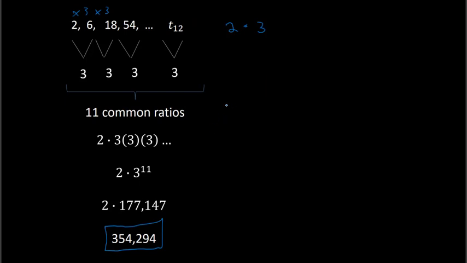Now, to derive an equation from this, we can look at what we had right here. So right here, we had 2, which was our first term. That was T1. And then 3 was our common ratio, which is the number I'm multiplying over and over again, which, by the way, is a term to know. The number you're multiplying by is called your common ratio.